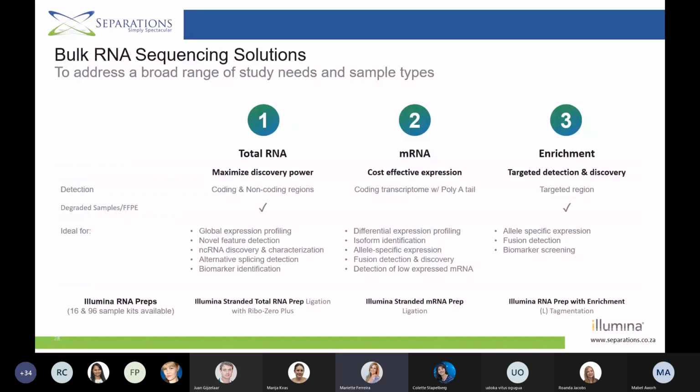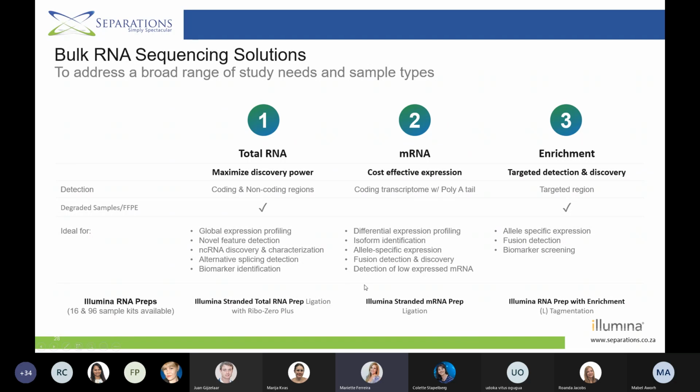Illumina has quite a few kits for this, so it's broadly divided into 3 applications. The first one would be total RNA. This is where you maximize your discovery power, where you look at everything, your coding and your non-coding regions.